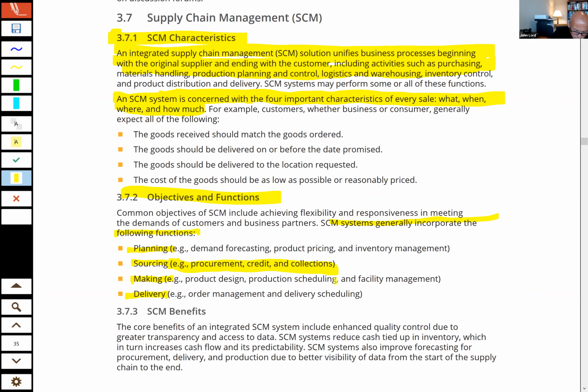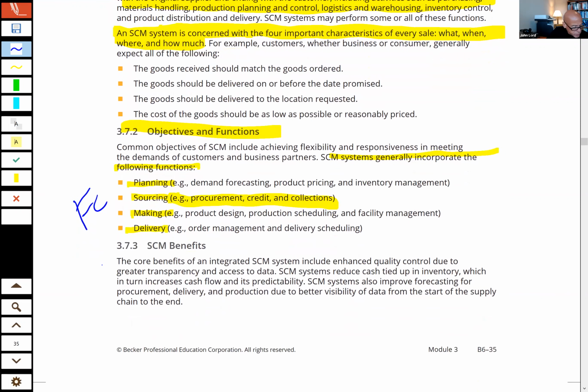So I was a little suspect on the order, if this is a step order or just a random listing of the different parts. I could see how planning comes first, and making and delivering come at the end. I get that, but I might flip making and sourcing, which is procurement, credit, and collections. But I don't think that's a very critical issue. So just go ahead and flashcard this.